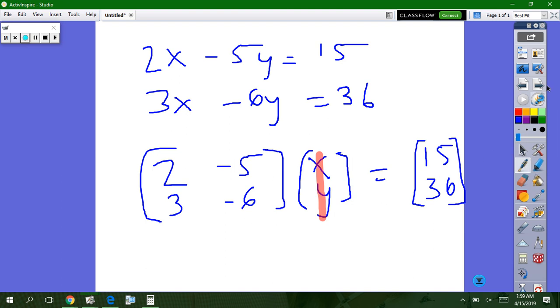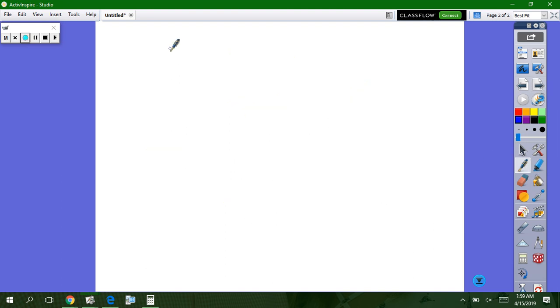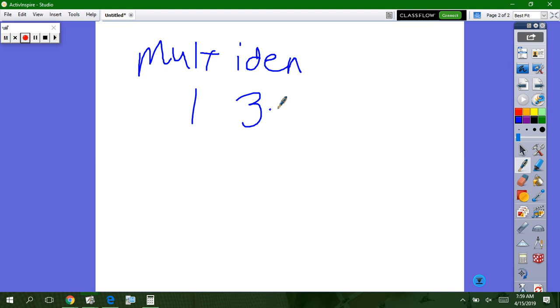Okay, let me hear you just talk about what that means first. Multiplication identity. When I just do regular multiplication, 1 is my multiplication identity. Meaning, if I go 3 times 1, I remain 3, correct?